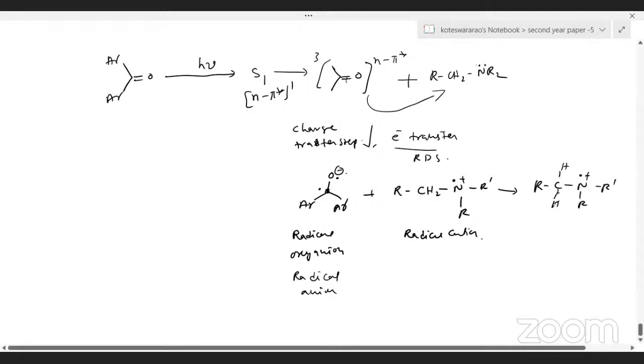This carbon-hydrogen sigma bond is heterolytically cleaved and donated to the nitrogen. Now this positive charge will be neutralized. Then it leads to the formation of an H plus ion. This H plus ion is taken by the radical anion generated.